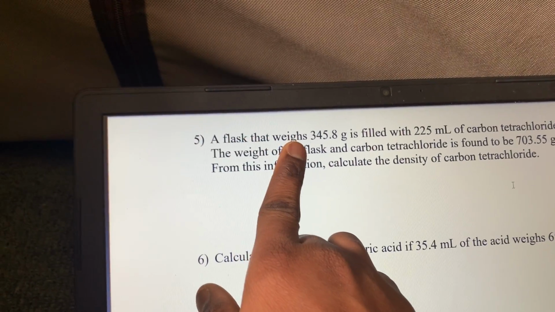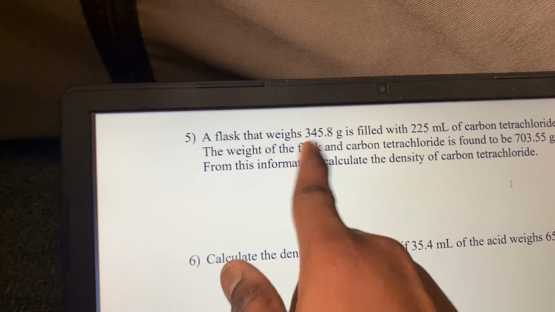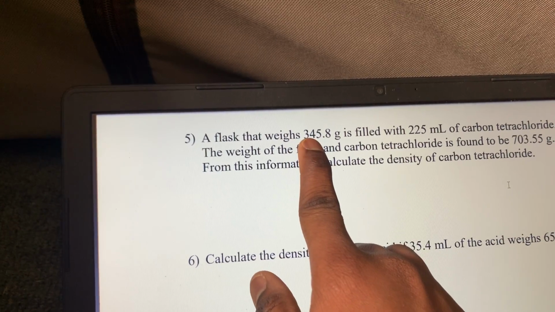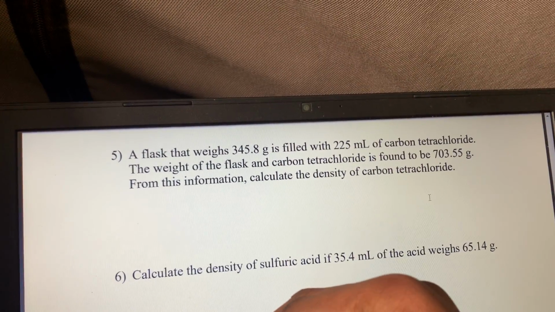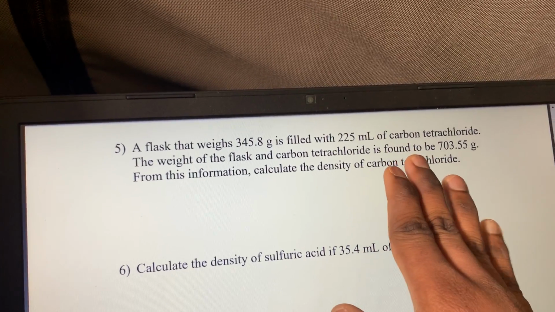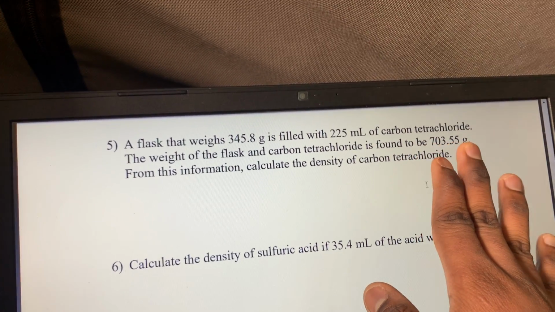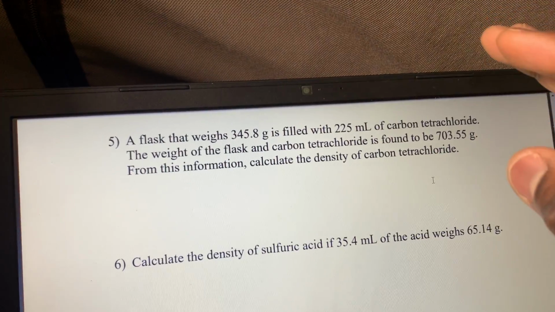That's what is happening here. The empty flask is 345.8, and when they put the carbon tetrachloride inside, the weight has increased to 703.55. Well, it has increased, right?